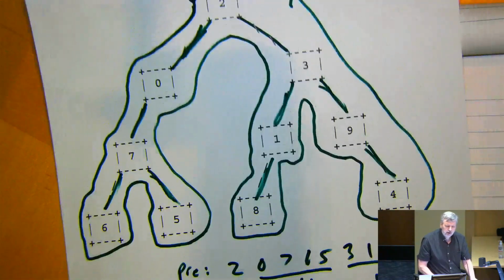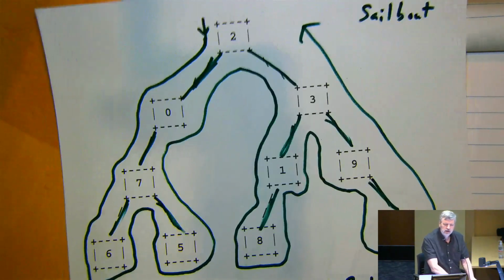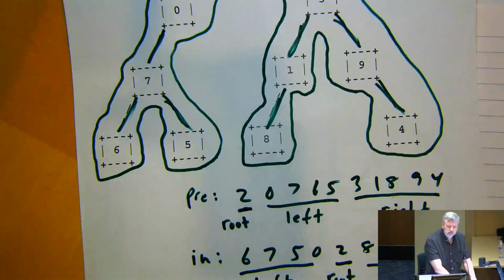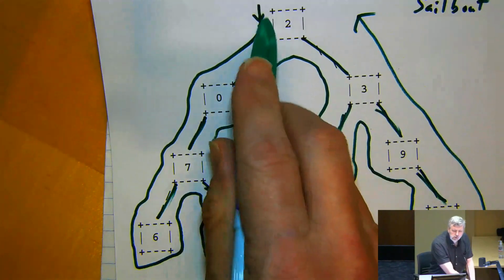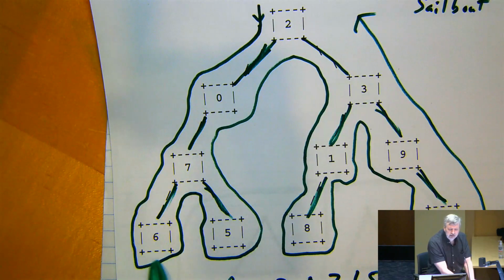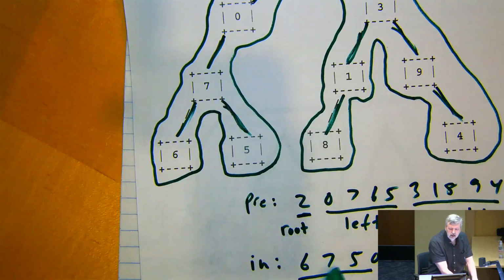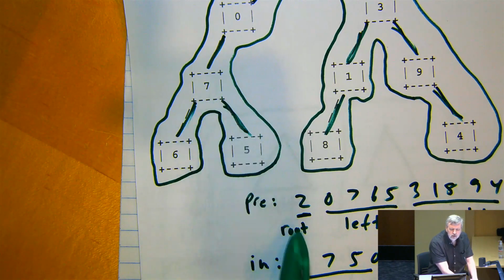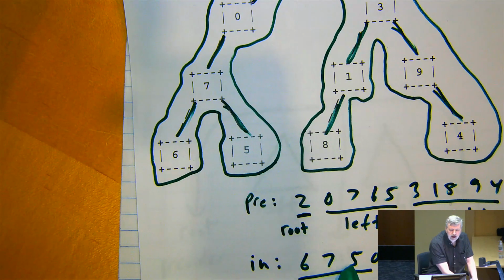So let me show you how you would use this approach to do the equivalent thing. So let's think about the inorder traversal. What is the first node that we pass under? Well, we're passing to the left, to the left, to the left, to the left, to the left. The first one we pass under is the node with 6 in it, and that was what we put here. And then the next node we pass under is the node with the 7 in it. Then we pass under the node with the 5 in it.